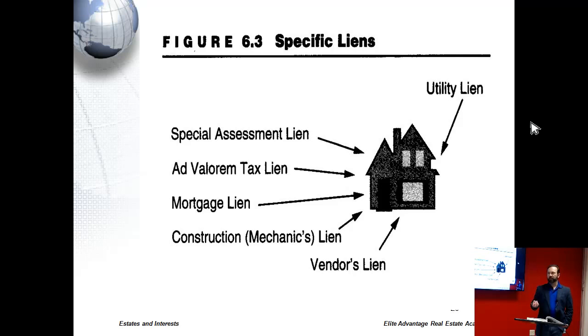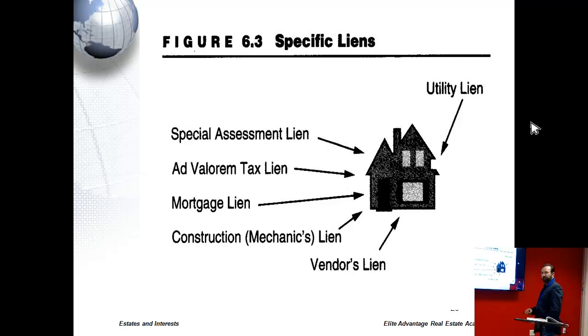A mortgage is based on their financial qualifications, but it really is against that property. IRS liens are against the person, but it's a judgment lien that could also be placed against the property, on all properties they own.